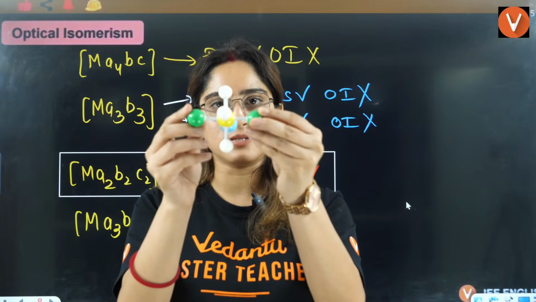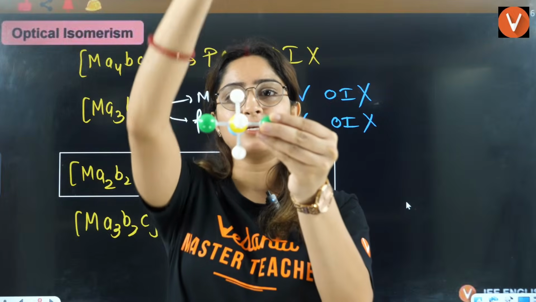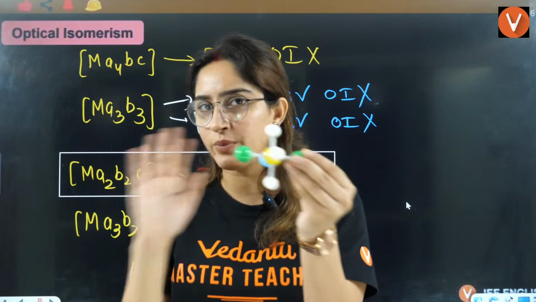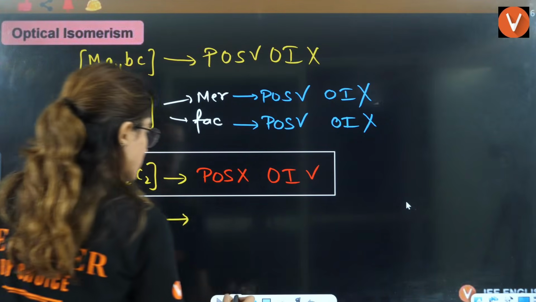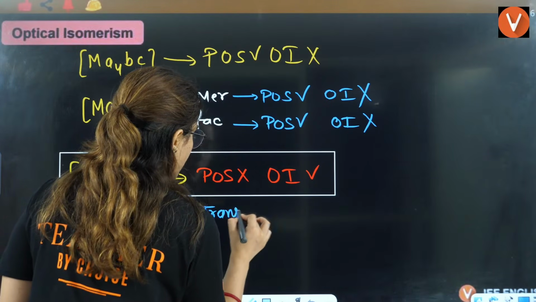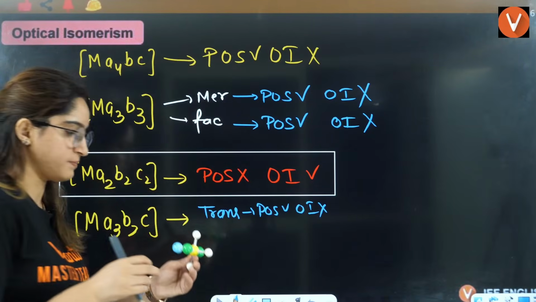This is trans. If I have a trans of this, POS is present here. You can see you pass a plane of symmetry, it is dividing it into equal halves. So POS is present in trans. You can say in trans, POS is present, optical isomerism will not exist.